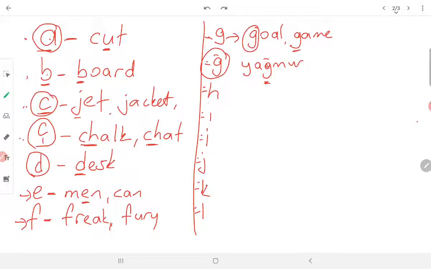This is he. Okay? He. Like hot or heavy, right? So he. This is another difference.